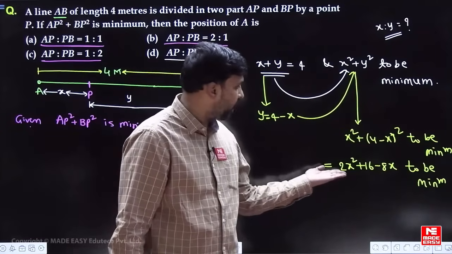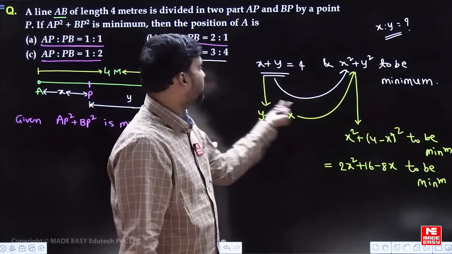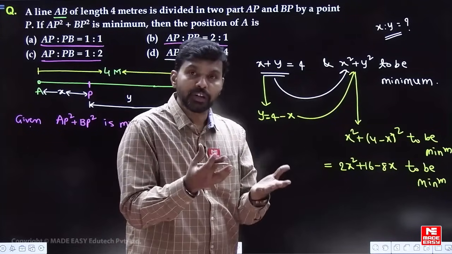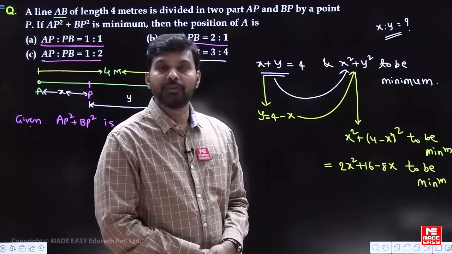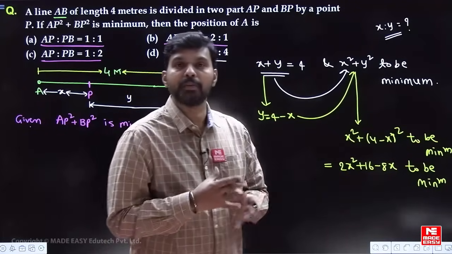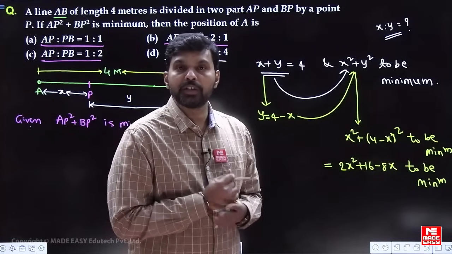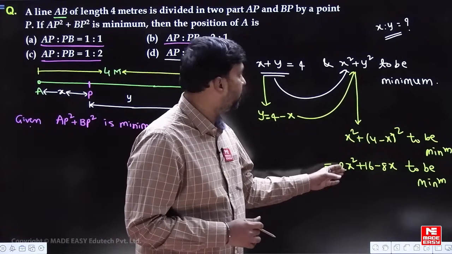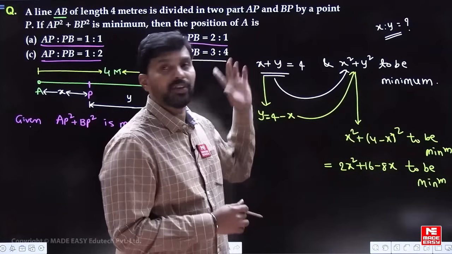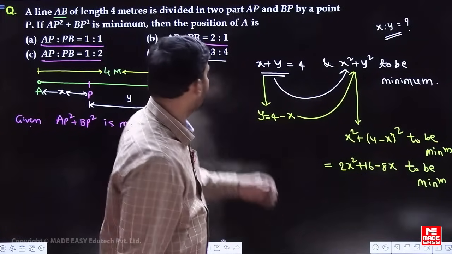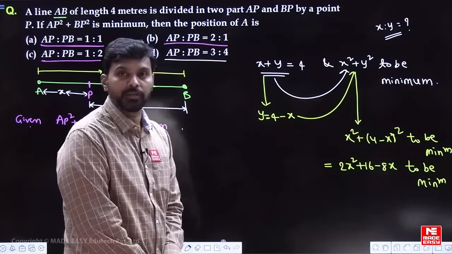But एक बार थोड़ा ध्यान से समझ लो. Once you use this condition in this function, it gives you a new function which is a parabola. हमें ये देखना है कि ये function कहाँ minimum होगा. So if you can find this X value, you can get the Y value using the condition. Once you get the X value and Y value, then we can take the ratio of it, right?